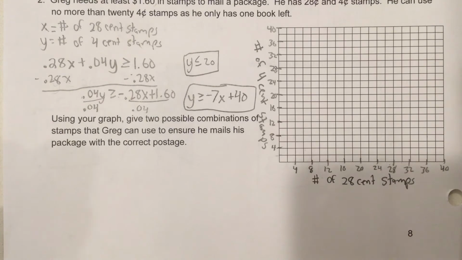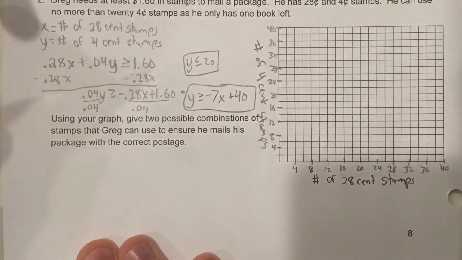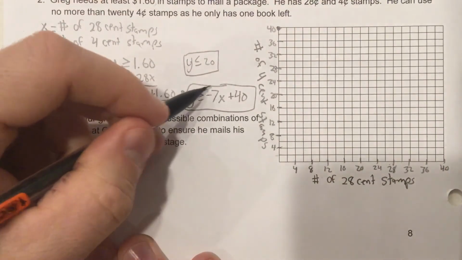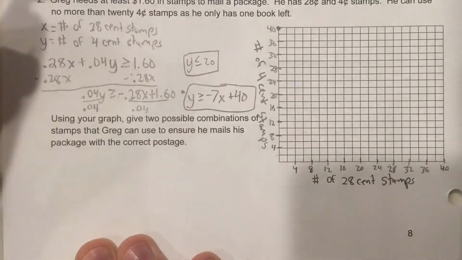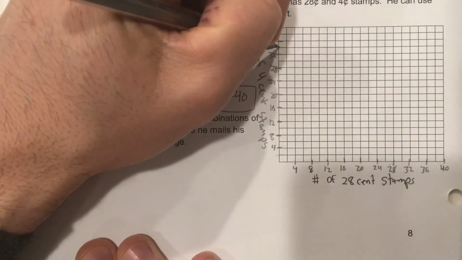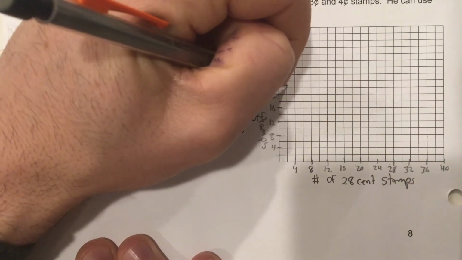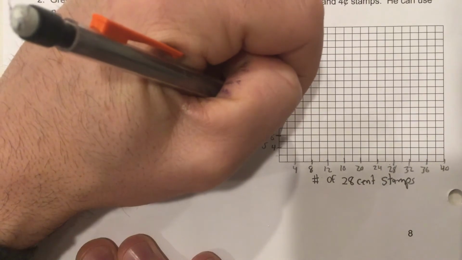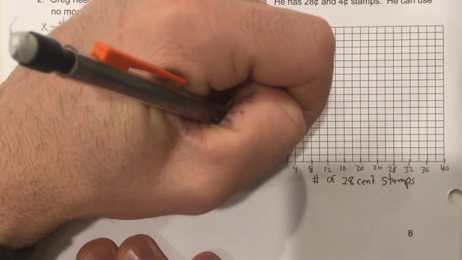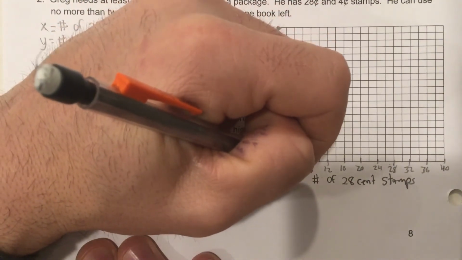Now that I have that scaled, I'm going to go ahead and do my pencil for this one. So I'm starting at 40, and slope is negative 7, so I'm going down 7. And again, I can just count blocks. 1, 2, 3, 4, 5, 6, 7, over 1.